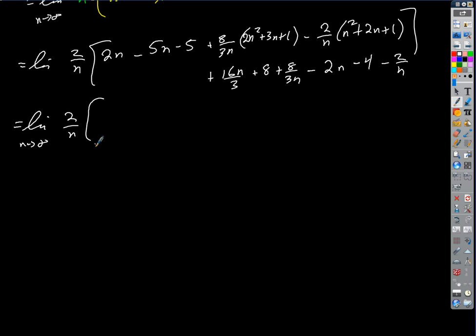Okay. So if we add like terms then, what do we get here? Yeah, I'm going to get 2n minus 2n, so those cancel. Right? Negative 5n plus 16 thirds n. What the heck's that? So that's going to be negative 15 thirds n plus 16 thirds n. So n over 3? Yeah. What else?